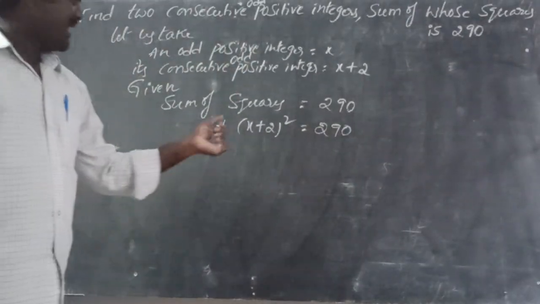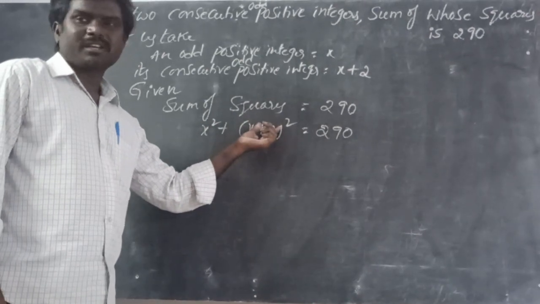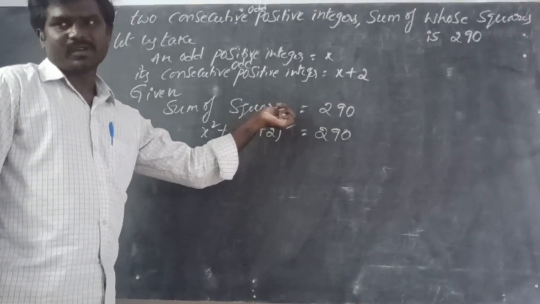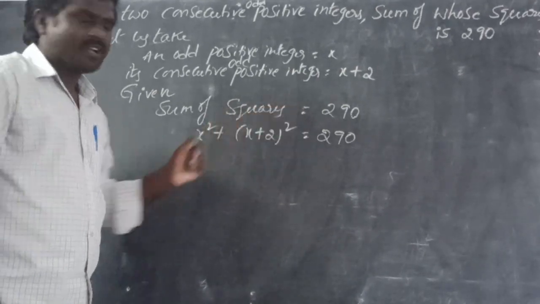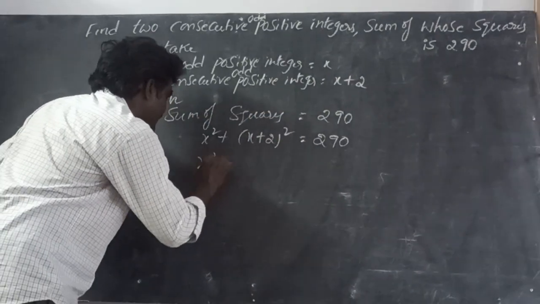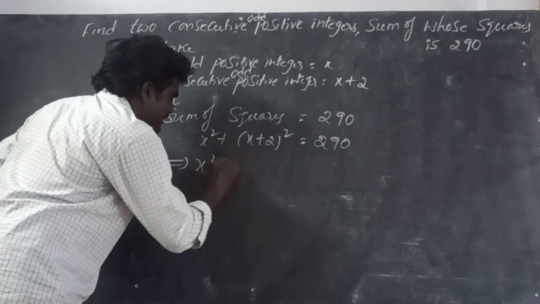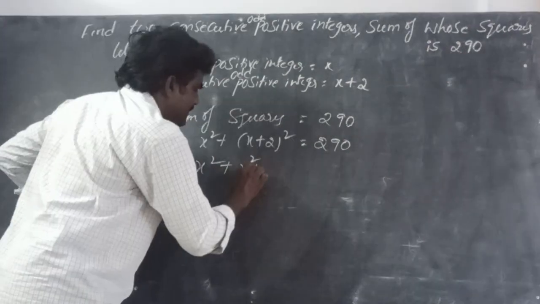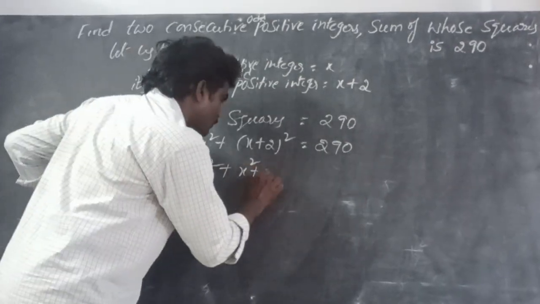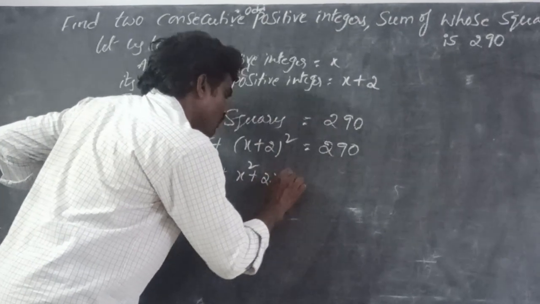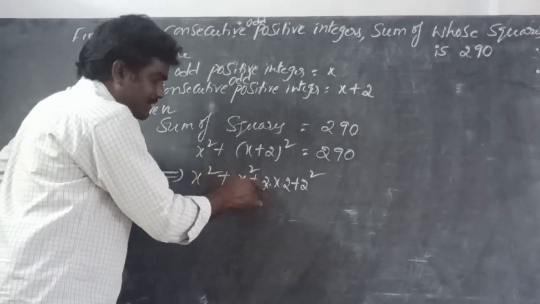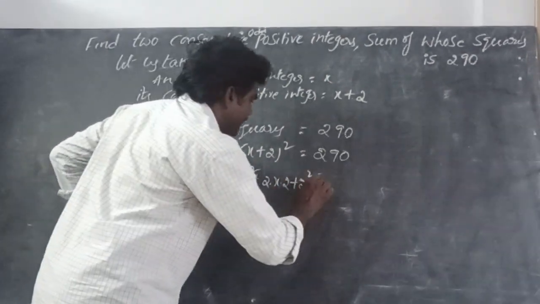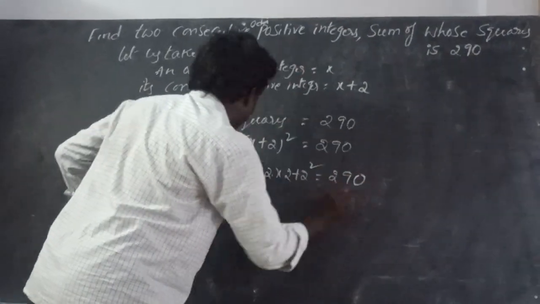So (x plus 2) whole square means which formula? (a plus b) whole square is a square plus 2ab plus b square. So we can write it as x square plus 2 into x into 2 plus 2 square, equal to 290.